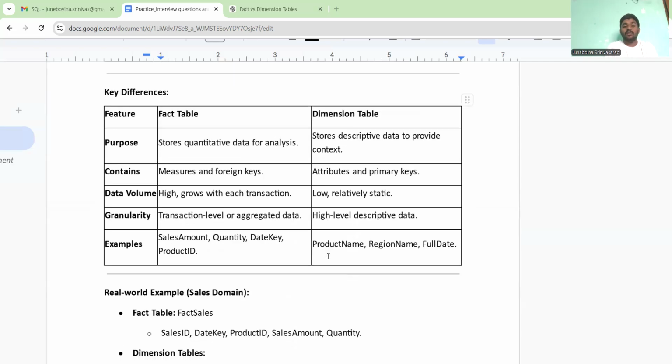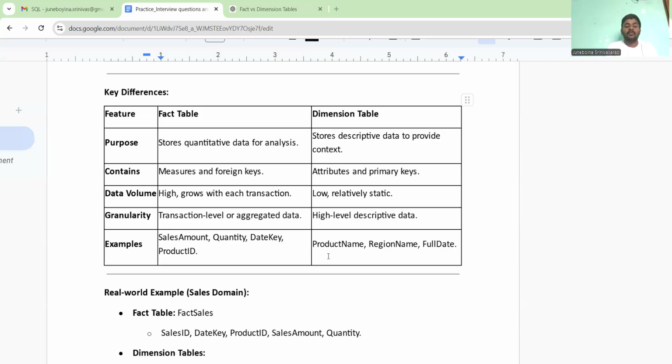Key differences. In above, we see the fact table and dimension table separately in sentences one by one. But here we see it in table format with simple bullet points with the features. So the key differences between fact table and dimension table are feature, fact table, dimension table.